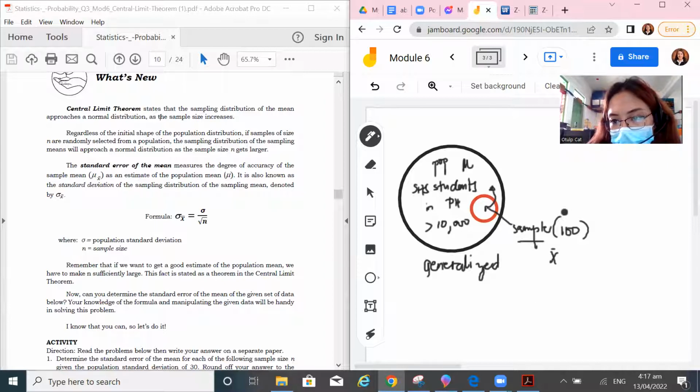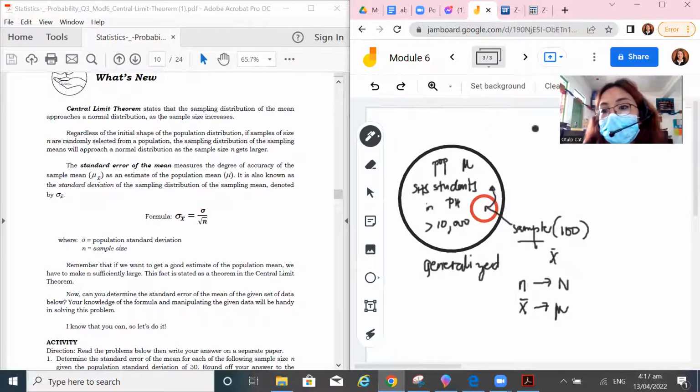The closer the number of samples gets to the number in the population, the closer x bar approaches mu. Of course, it will be more representative of your population, so the characteristics get closer to the actual ones.